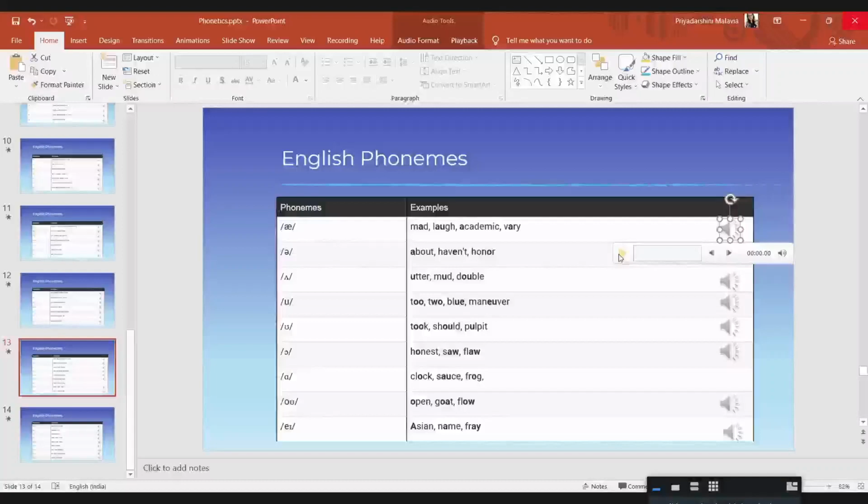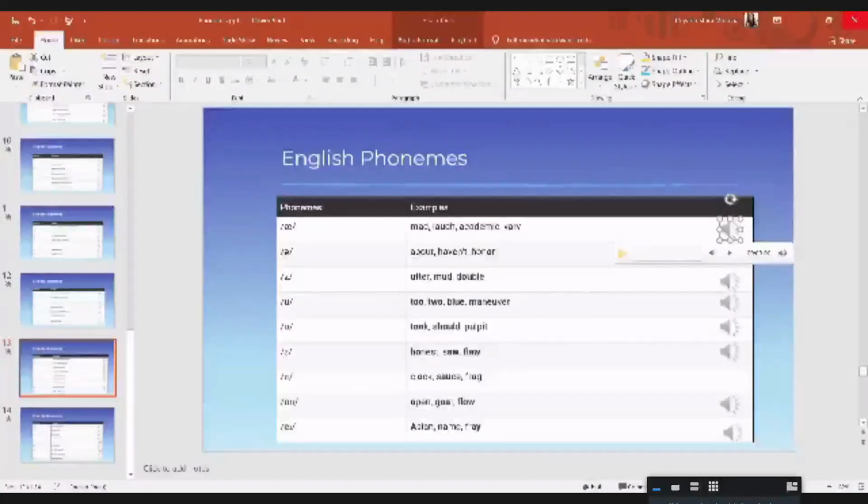In India we say academic one way, and I think in the US they say it differently. So this is one thing that is different between our country and theirs. Other than that, most of the pronunciations are pretty similar to ours.